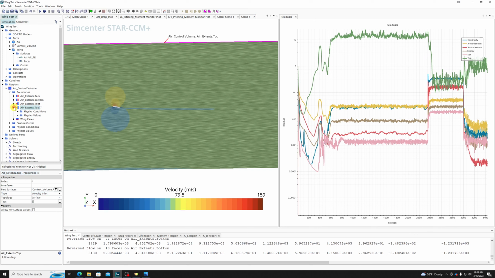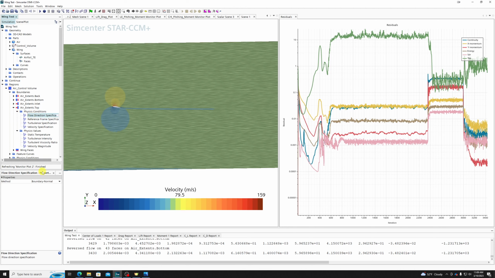Let's see here, velocity inlet. Boundary normal is very not what we want. Let's see here, though. And velocity inlet's probably not what we want.